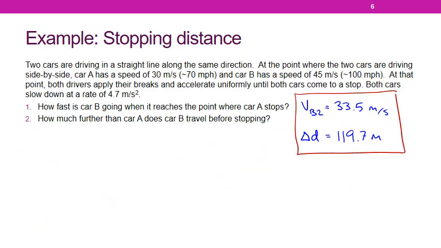Hopefully with this example, you've been able to see how we could leverage what we know about energy, namely that the net work is equal to the change in the kinetic energy of a system, that the net work is the net force applied through some displacement, so long as our net force is constant.